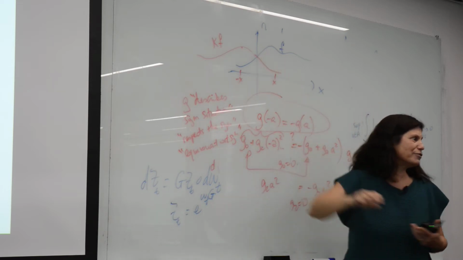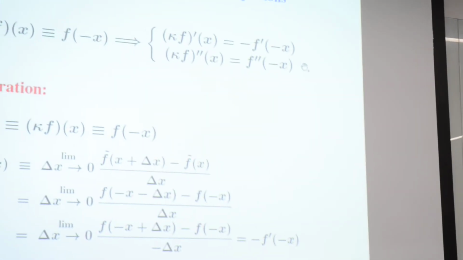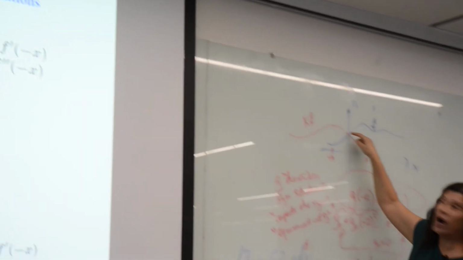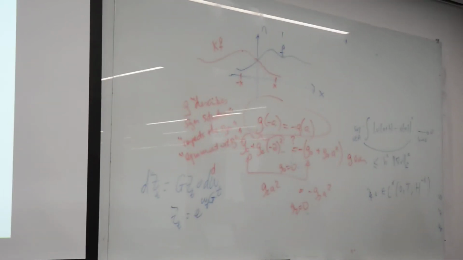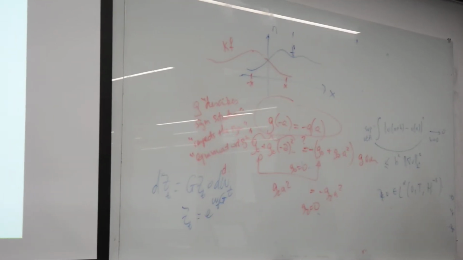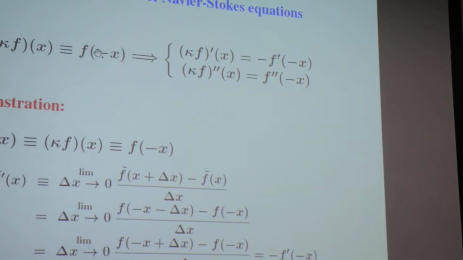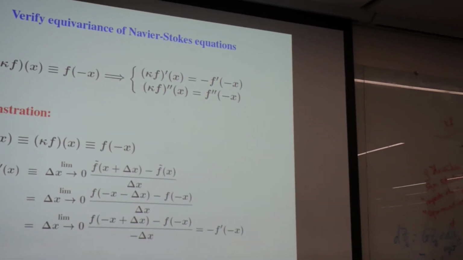The way of writing this in symbols is this equation, reflecting the fact that this slope becomes this slope. The values are gotten from over here, but the slope is gotten with a minus. You can easily see that this process alternates, so the second derivative doesn't change sign, just like the value doesn't change sign.